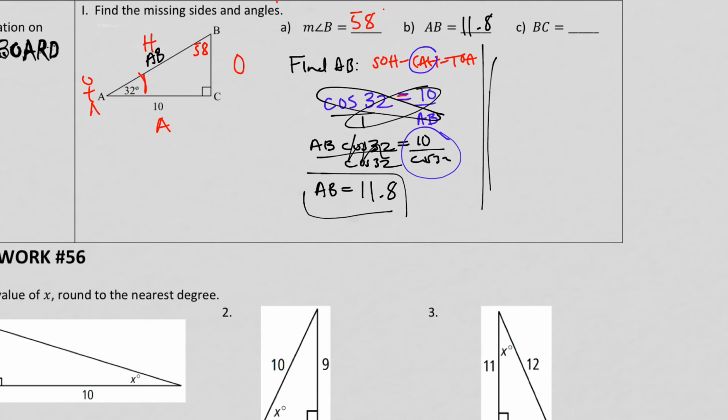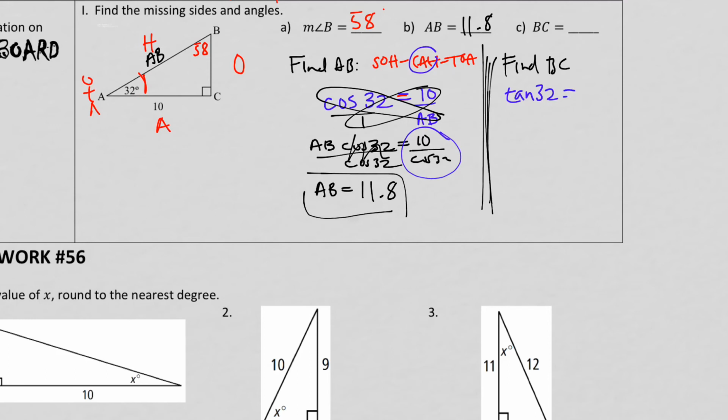To then find BC, I'm going to use my same setup, but again, think about, in this case, to find BC, I'm going to use adjacent and opposite. To use adjacent and opposite, that's going to be TOA, that's tangent, so I'm going to write tangent of 32 degrees. Again, I have not changed my angle here.